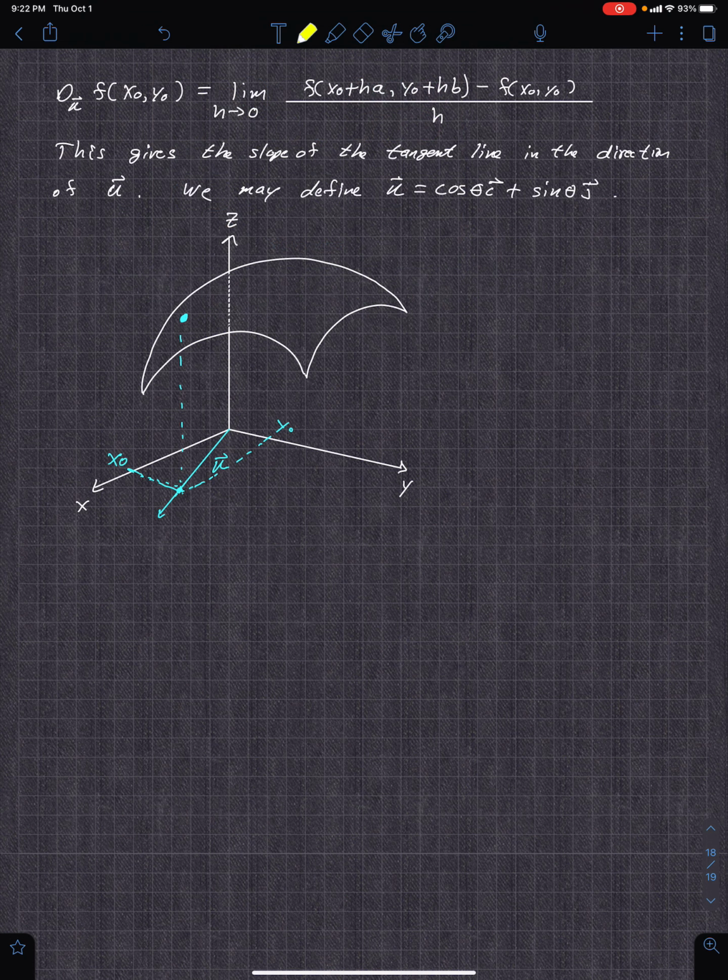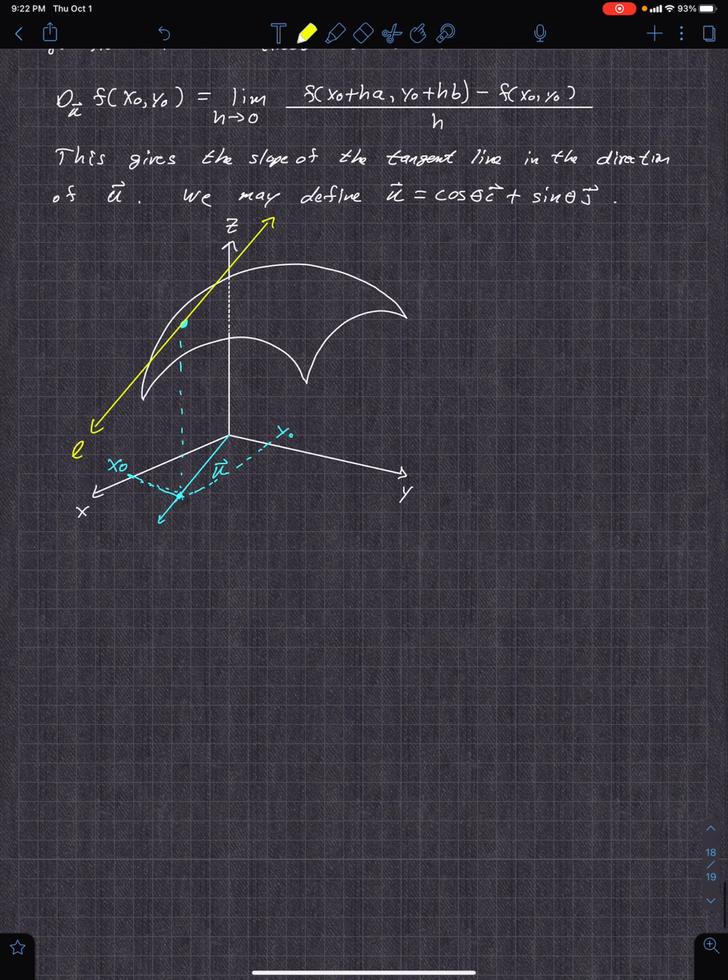So here's your tangent line up on the surface, and that's like L. And I try to draw that as if it's in the direction of u. So that's what it looks like. That's the concept. And so you start, some direction of u, and then some point, go up to the surface, and then you get that slope of that tangent line like that for your L. So that's what it does.